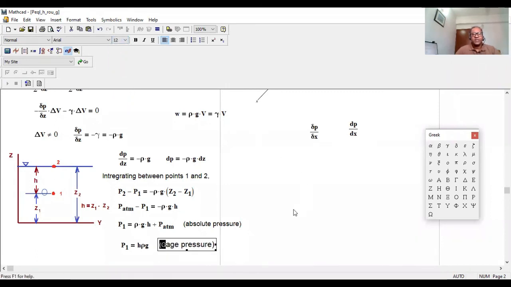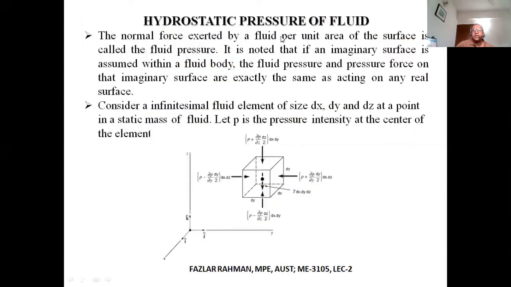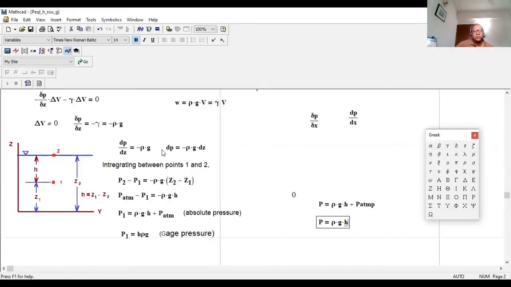Okay. You just read one time. Same thing what we derived. So after derivation, we found that dp by dz equal to rho g.